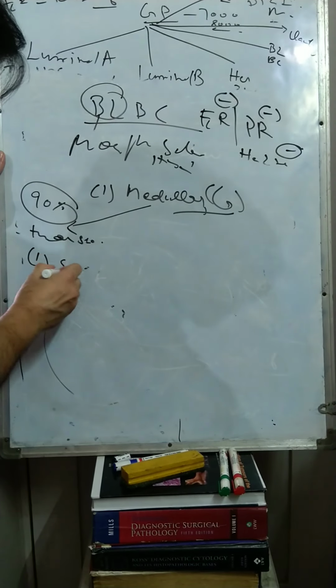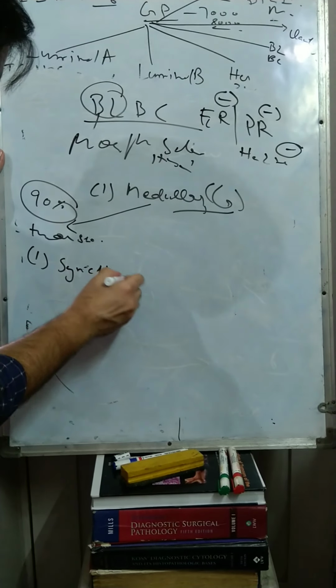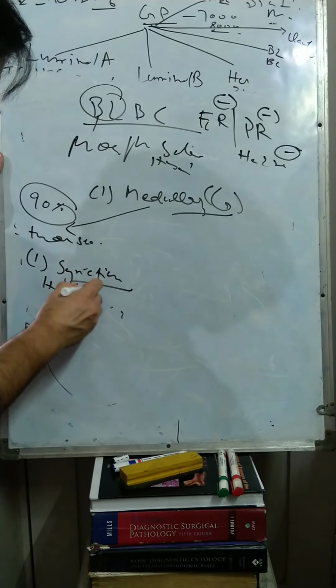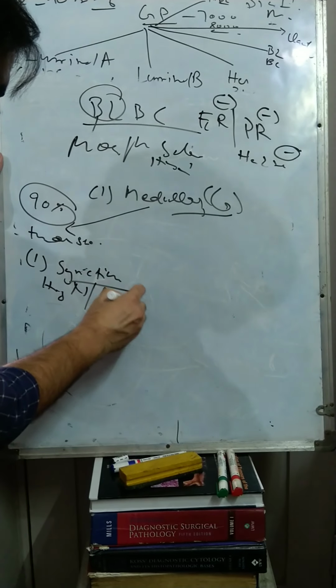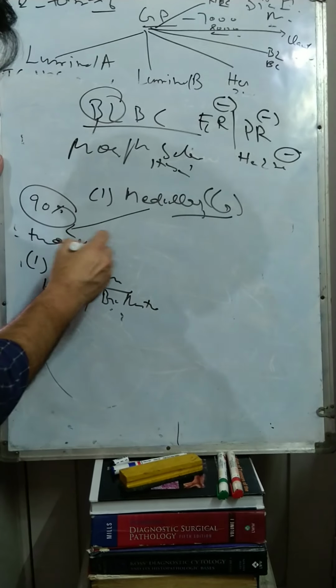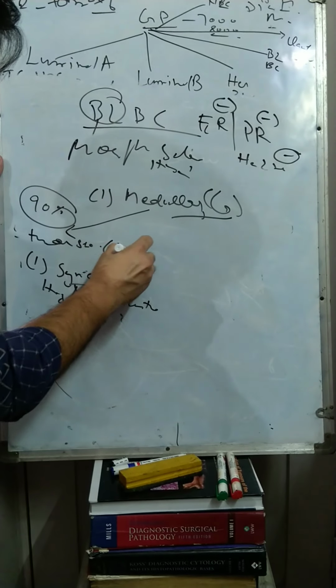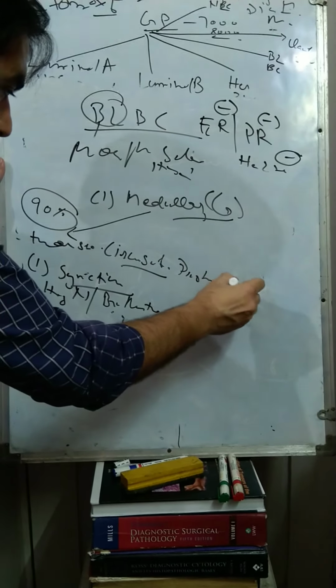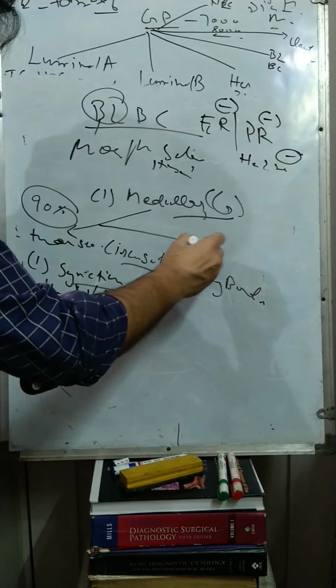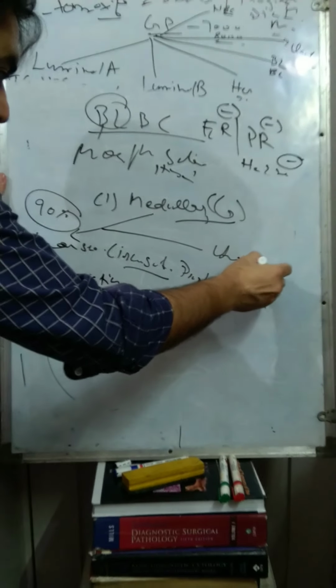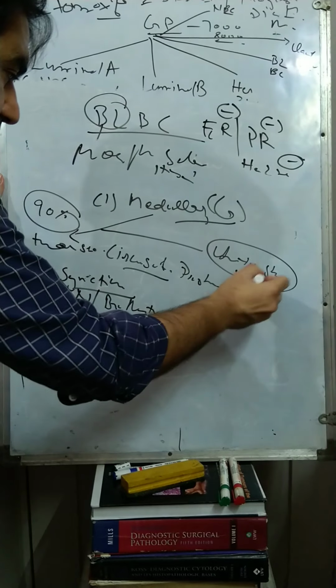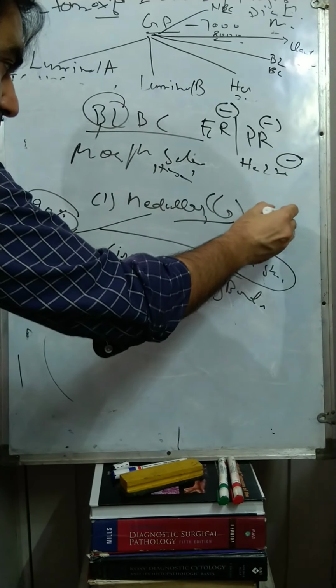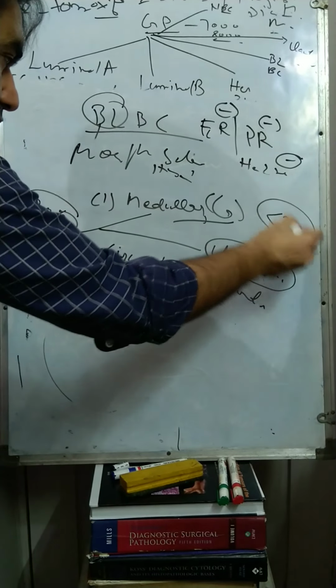What are the characteristics? Syncytium, high grade nuclei, brisk mitosis, and before that they are well circumscribed, with pushing borders, and on gross they are white, shiny, well circumscribed and usually less than 3 centimeters.